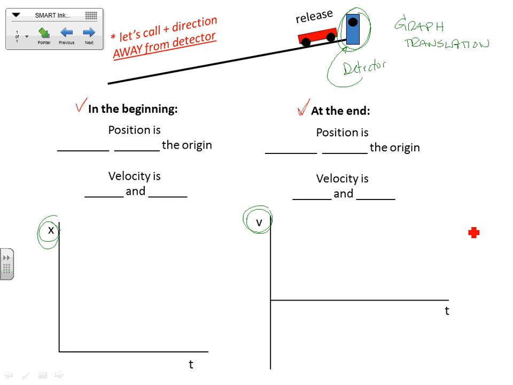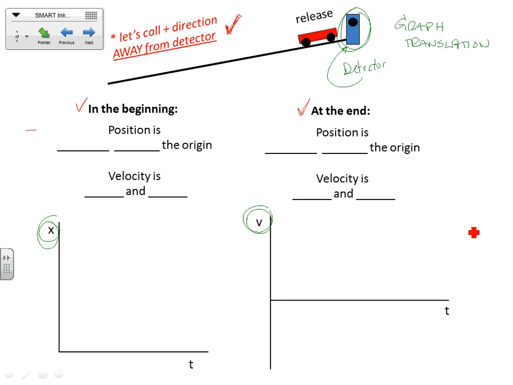One thing I made sure to do here was a little directional definition. Anything that moves away from the detector, we say is moving in the positive direction. Notice, I'm not saying that downhill is the positive direction. What I am saying is away from the detector is the positive direction.